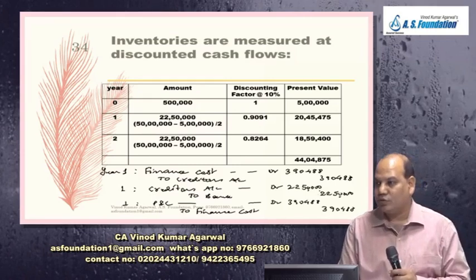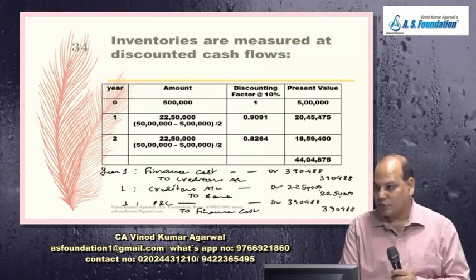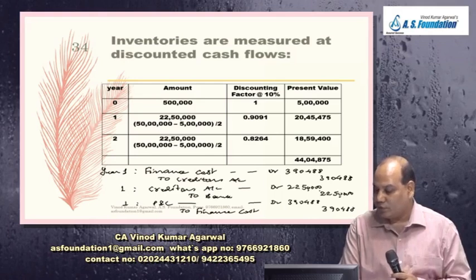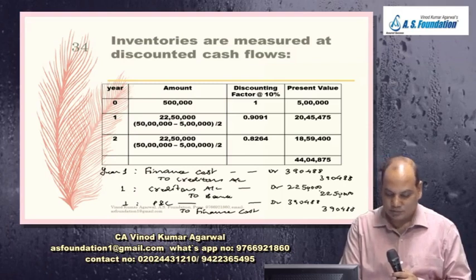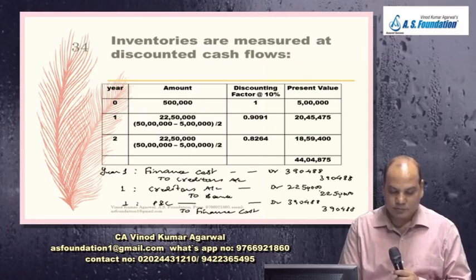Now what I need to do? I need to find out what is the balance left in creditor account first. So your opening balance was something like 39 lakh 4,800 something, right? To that you first add 390,488 and then minus 22 lakh 50,000.